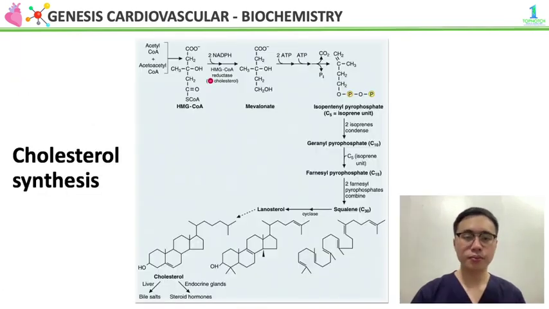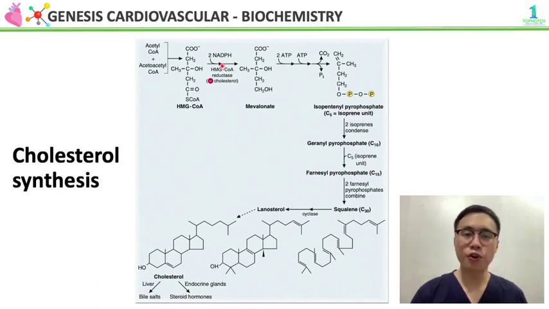Let's take a quick look at the pathway involved in cholesterol synthesis. Here you have acetyl-CoA plus acetoacetyl-CoA yielding HMG-CoA. And in the presence of 2 NADPH and HMG-CoA reductase, it will become mevalonate and undergo a series of reactions eventually yielding cholesterol as well as its derivatives, such as the bile salts and the steroid hormones.